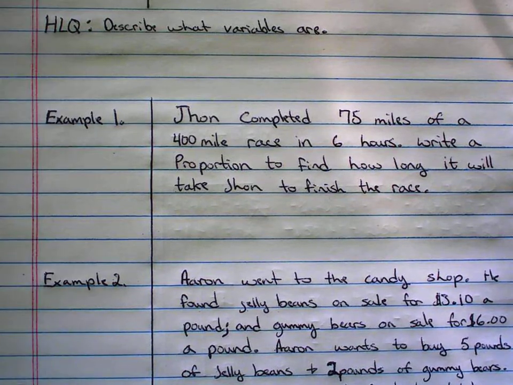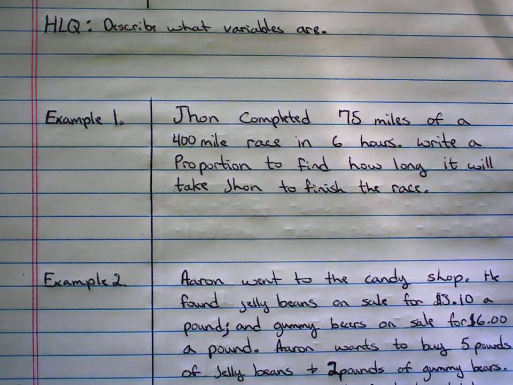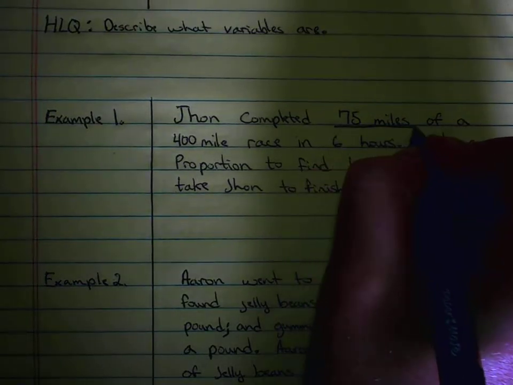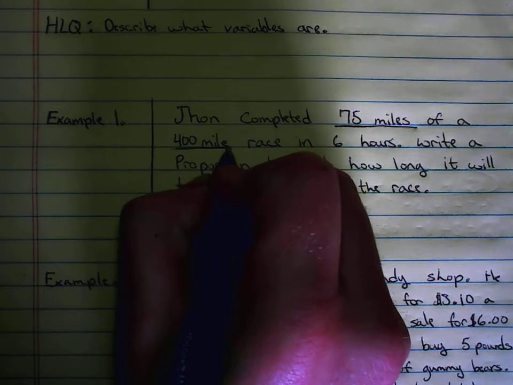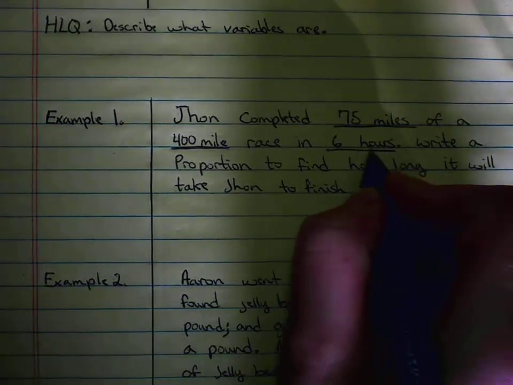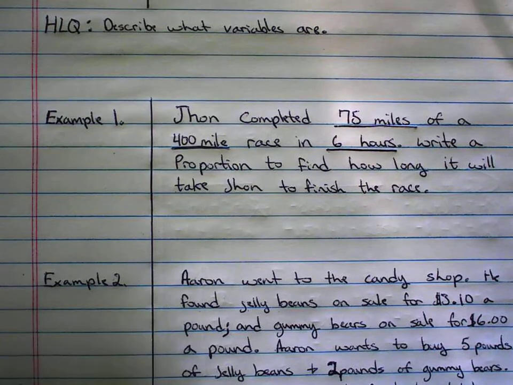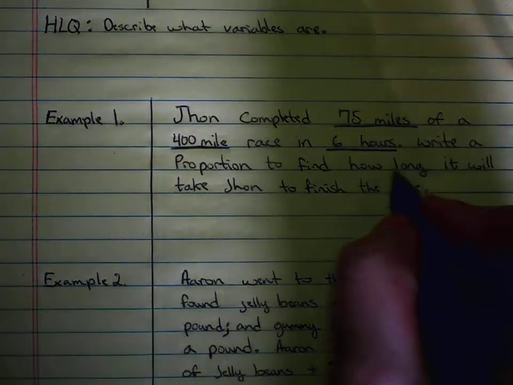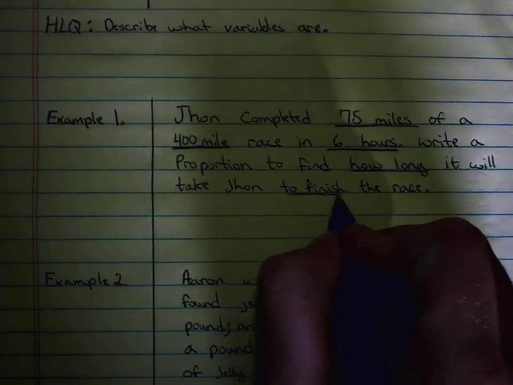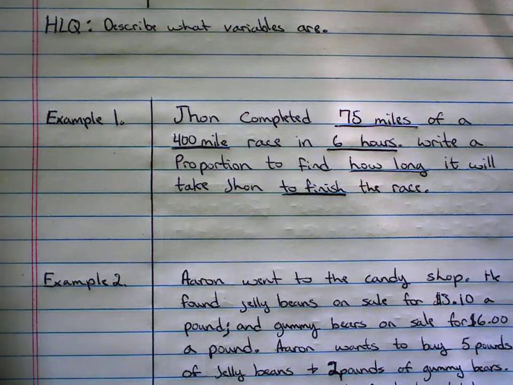So we're going to practice writing our functions with proportions first. So John, again, completed 75 miles out of 400. He did his 75 miles in 6 hours. We need to write a proportion to find how long it's going to take him to finish.